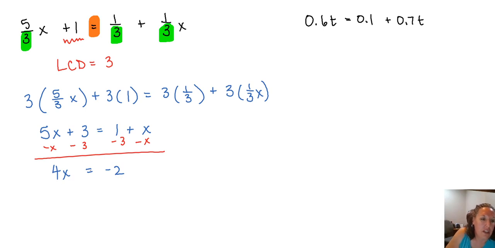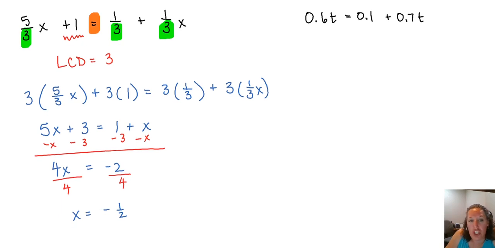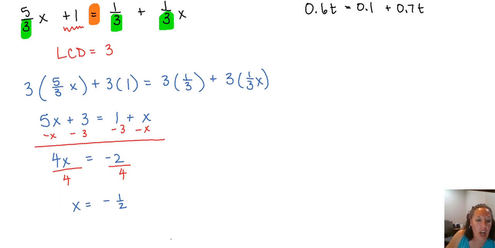Divide by 4 to get our x by itself. And we are left with x equals negative 2/4, and that'll reduce to negative 1/2. Now, I strongly encourage you to always check your answers on these.